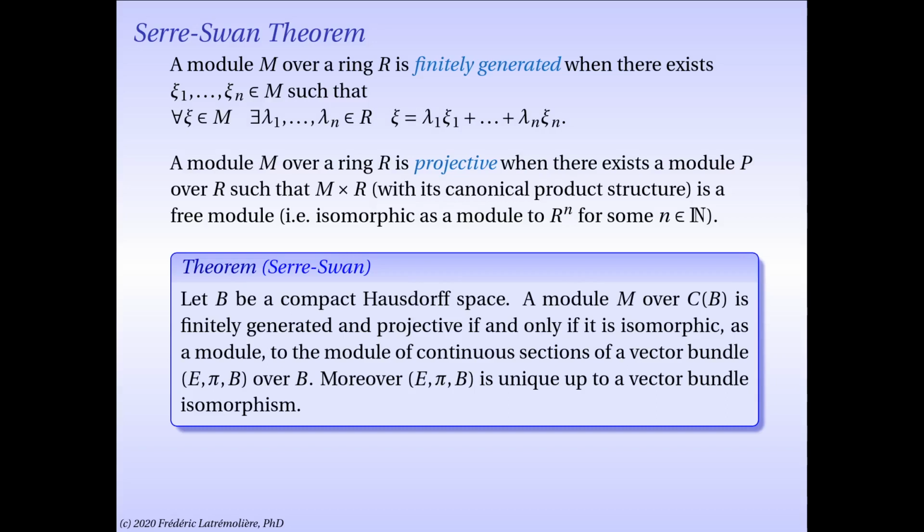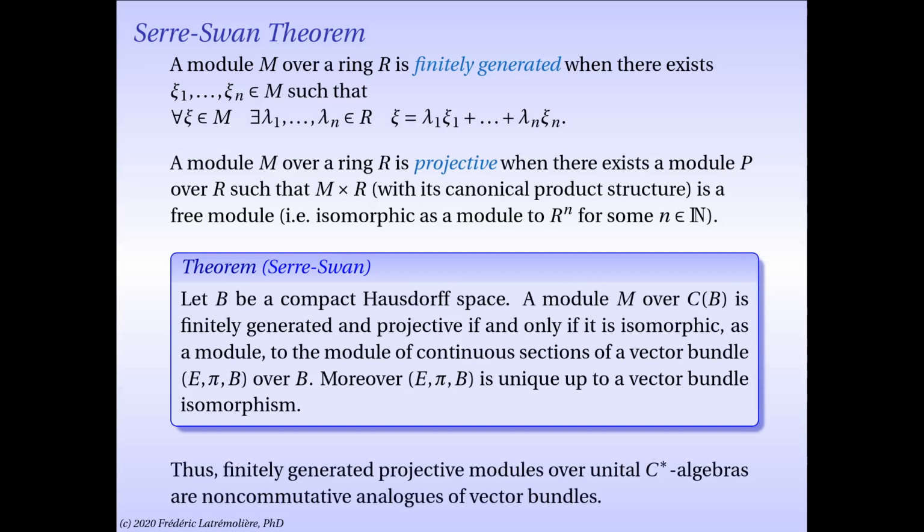Moreover, the bundle provided by the Serre-Swan theorem for a given finitely generated projective module is unique up to a vector bundle isomorphism, that is, up to a vector bundle map with a vector bundle map inverse. Thus, finitely generated projective modules over unital C-star algebras are a non-commutative analog of vector bundles over compact Hausdorff spaces.